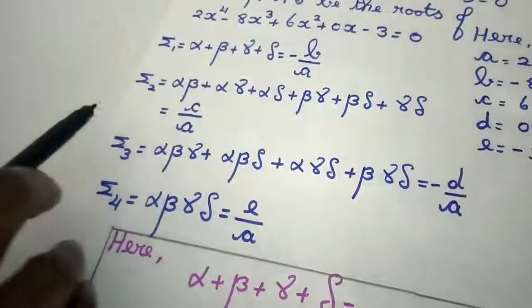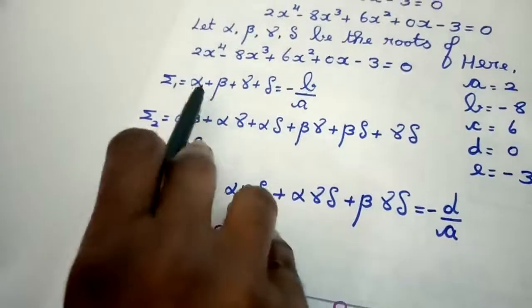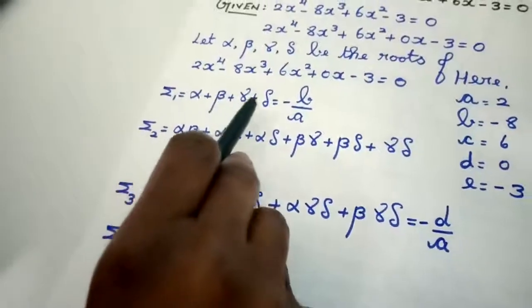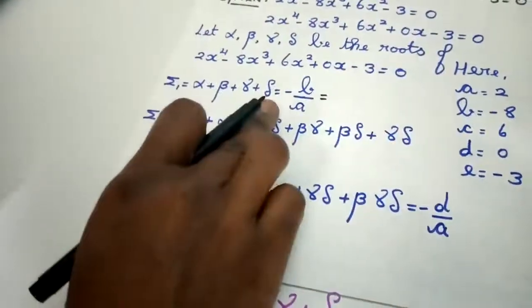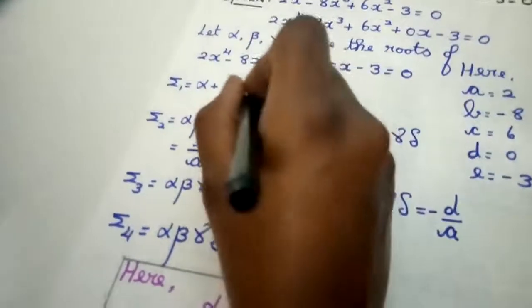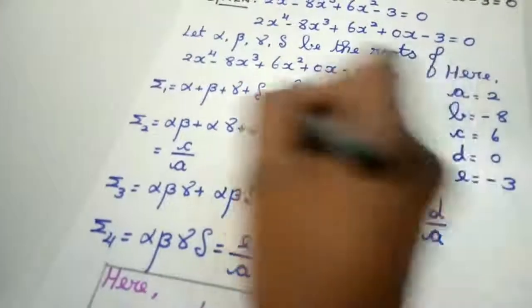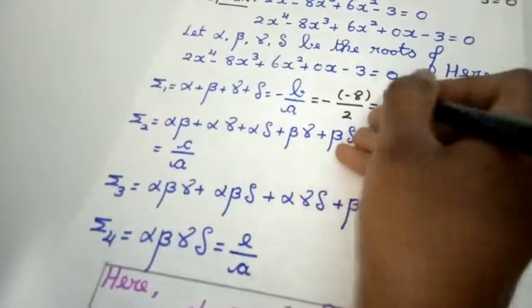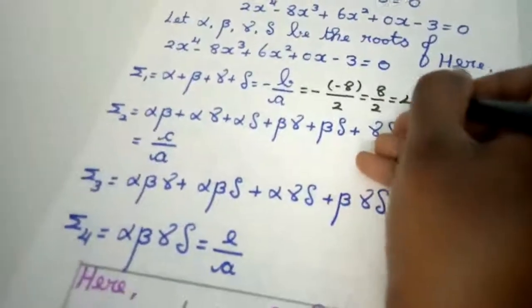Alpha plus beta plus gamma plus delta equal to minus b by a. Here, what is the value for b? It is minus 8, so minus b by a is 8 divided by 2, which equals 4.